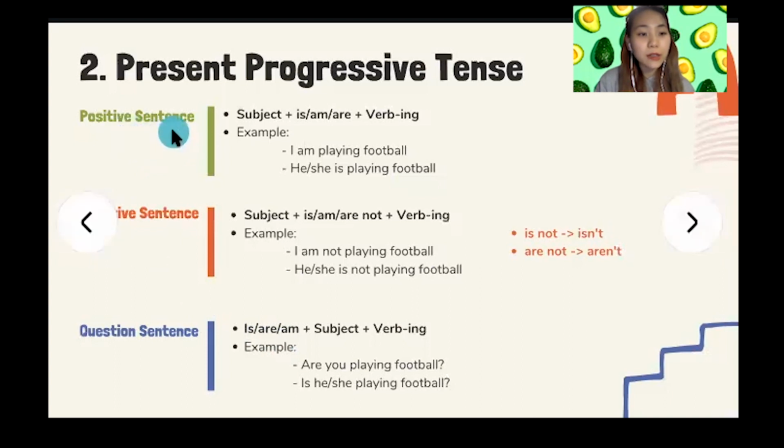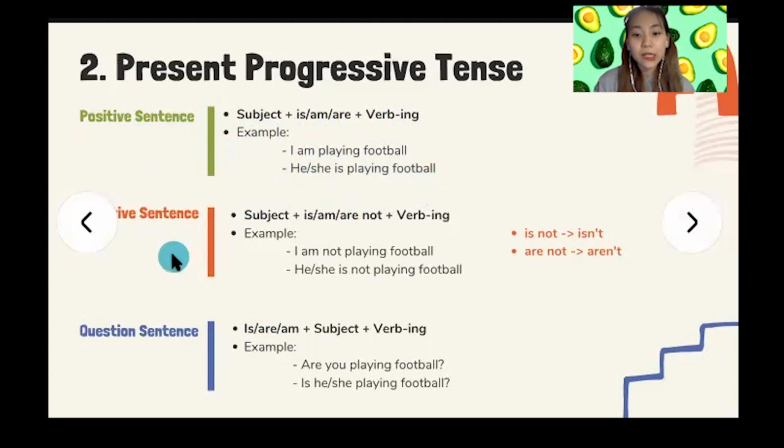For a positive sentence, it will be subject plus is, am, are plus verb, ing, verbing. For example, I am playing football. He, she is playing football.